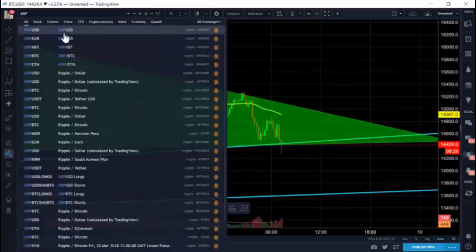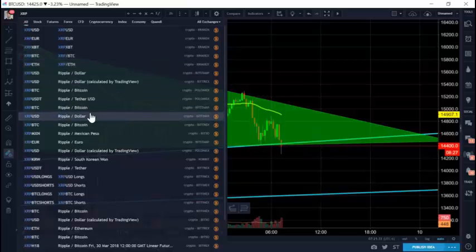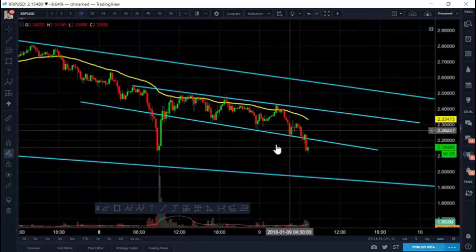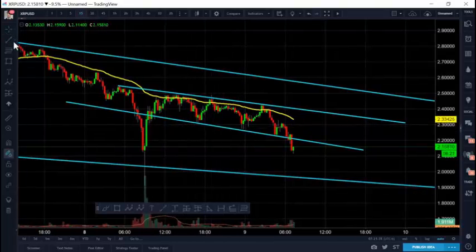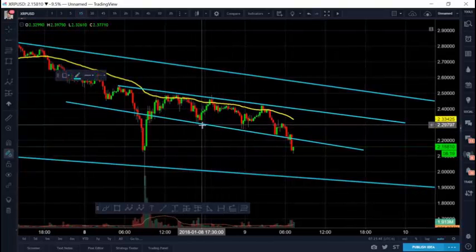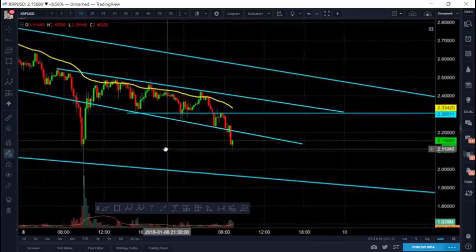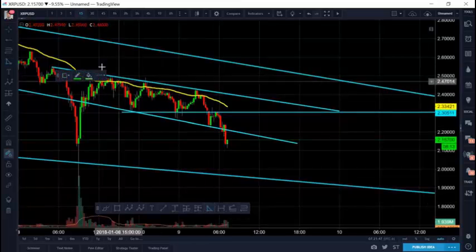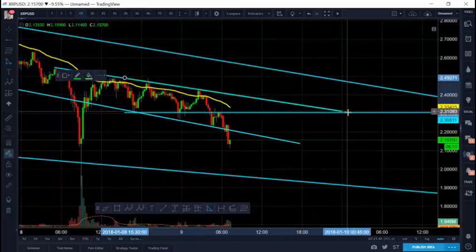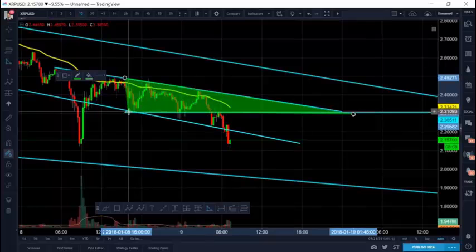But because Ripple was falling, we can also assume that Bitcoin was falling as well, right? Here, it didn't even last. Look at this. This is supposed to be like a support, where it's supposed to wedge in here, and then eventually break near the end, but it didn't even last right now.